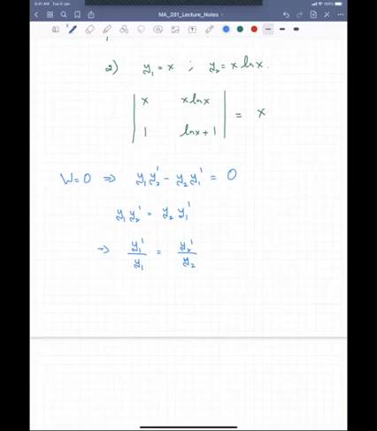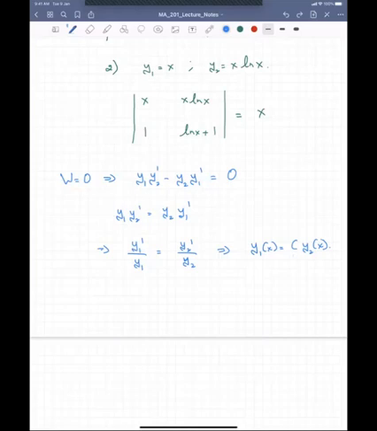If I integrate this, it simply means that y1 of x is c times y2 of x, or the other way around, y2 is some constant times y1. So if the Wronskian is equal to 0, it's also very easy to check that the solutions are indeed linearly dependent on each other, because the ratio of these is just a constant. So knowing one, I know the other.